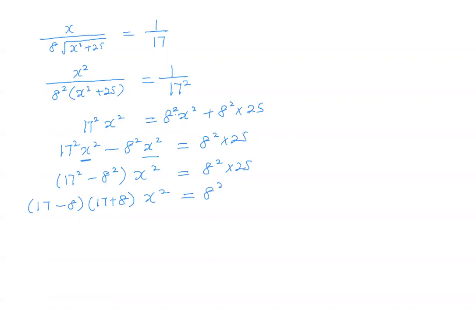Wonderful, class. So this is 25, this is 25, cancel. So my X squared is equal to 8 squared over 9. So my X is equal to 8 over 3. Am I faster than the calculator? Yes.